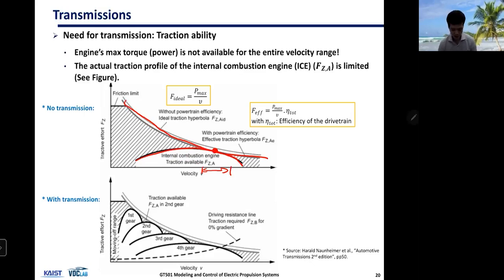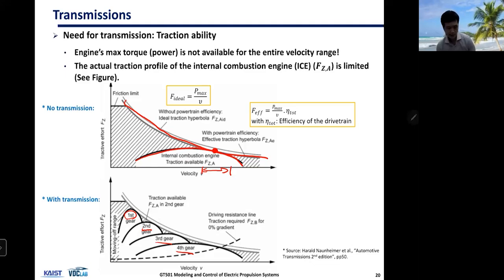To overcome this problem, we can use multiple gear ratios, and that's what transmission is. So transmission shifts between different gear ratios. For instance, if you use a 4-speed transmission, you will start with first gear, and then move towards second, third, fourth.